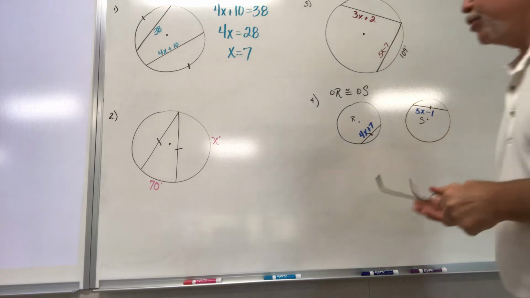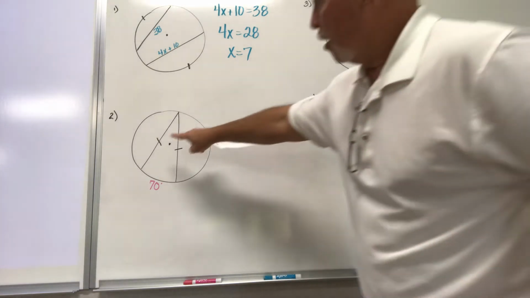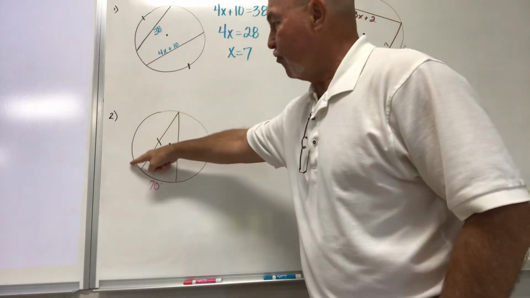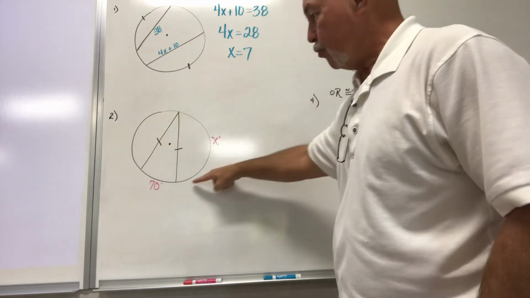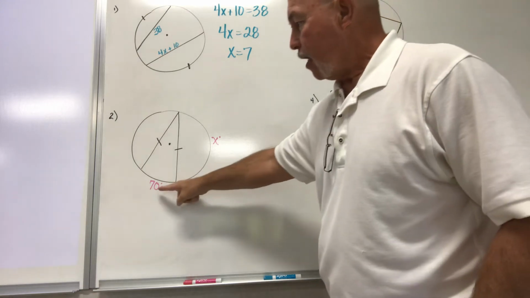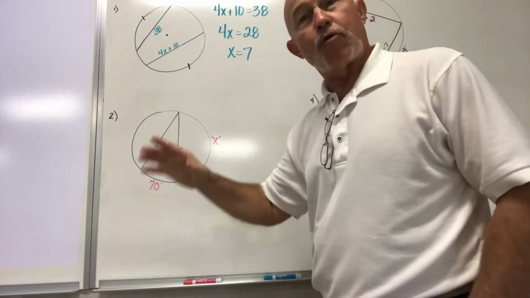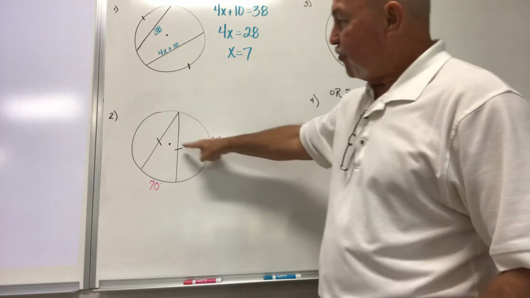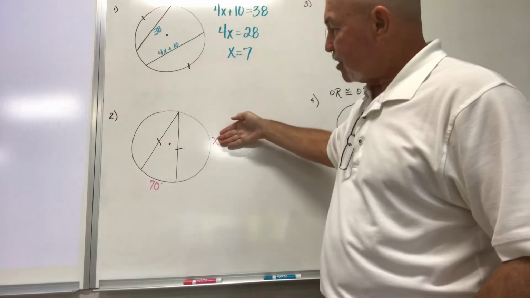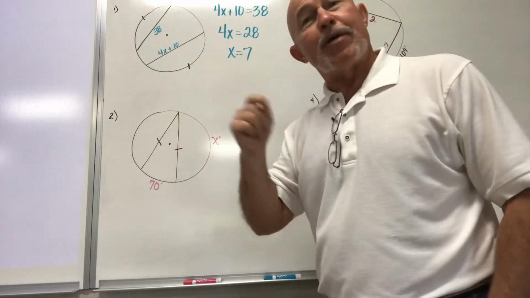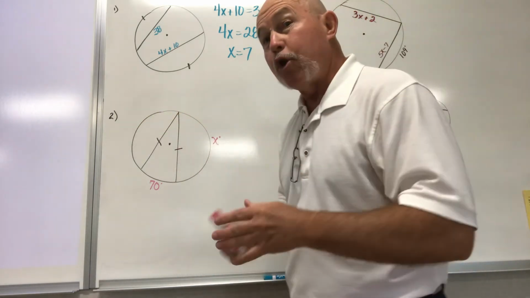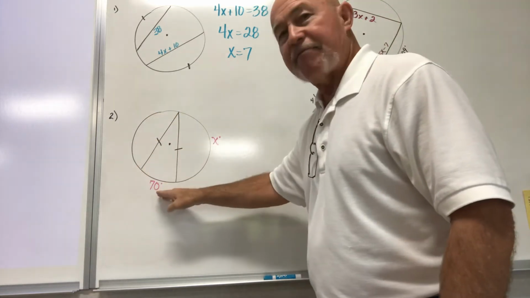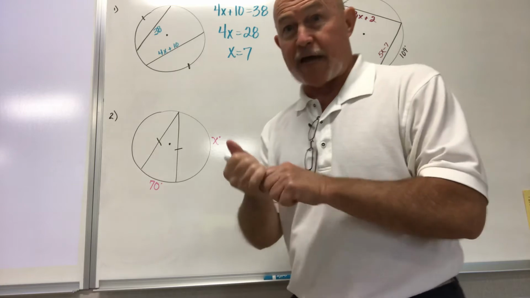Okay, number 2 here. This chord is equal to this chord, which means this arc is equal to this arc. And they give us this arc. Here's where we become detectives. If these are equal lengths, that means this arc and this arc must be equal. So what I'm looking at is x, x, and 70. Now I've covered the entire circle.